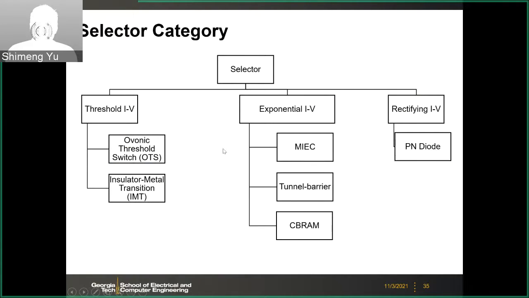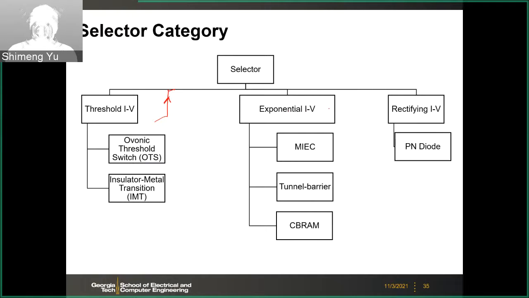So in the research community, there are actually various selector devices developed, and we can simply categorize them. The first one is the threshold I-V, where you have a very abrupt turn on.